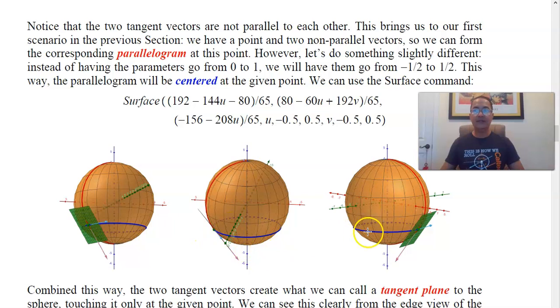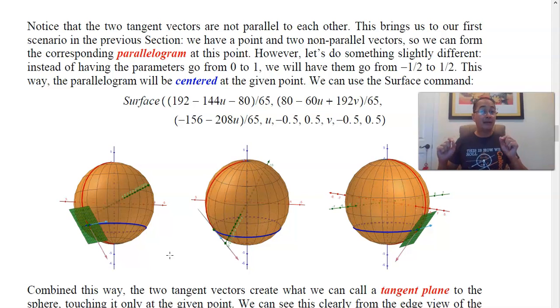Alright, so I have a copy of those tangent vectors again, but now the important thing is they pass through the same point and they're not parallel to each other. Okay, they're definitely not pointing in the same direction. So what have we got? Go back to the first section, the one we just did, and you have a point and two vectors which are not parallel to each other.